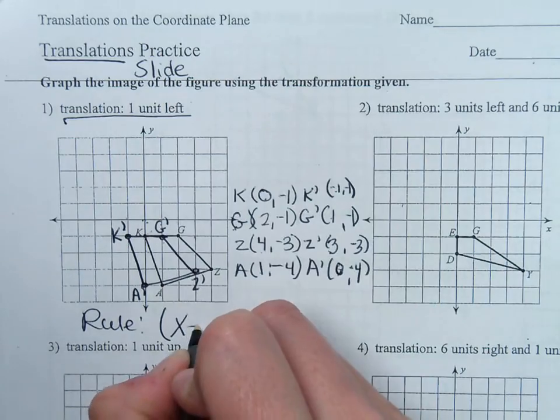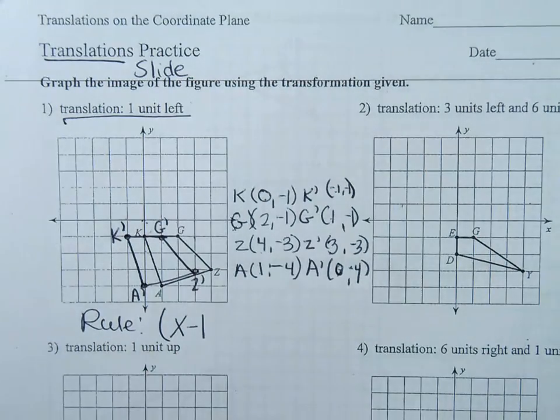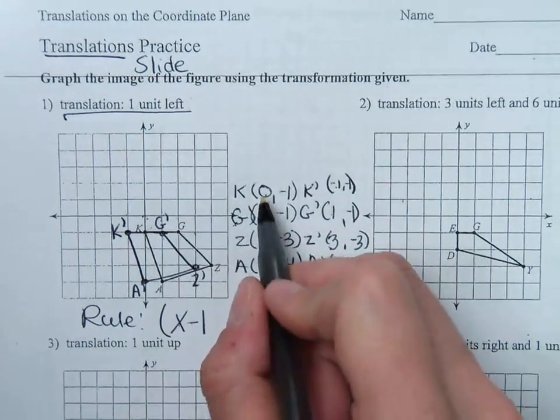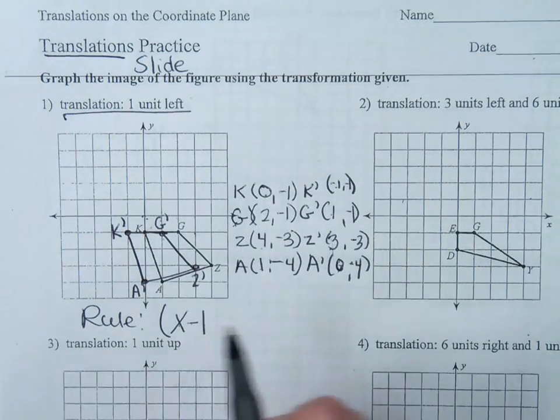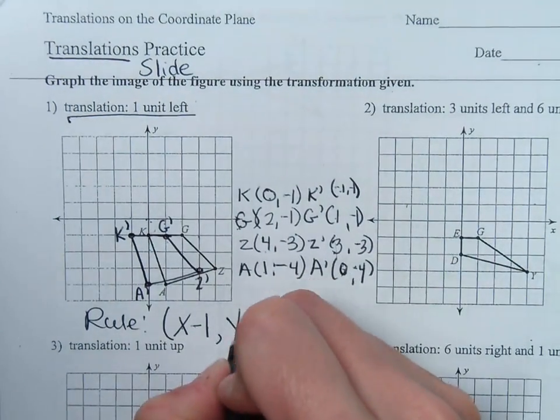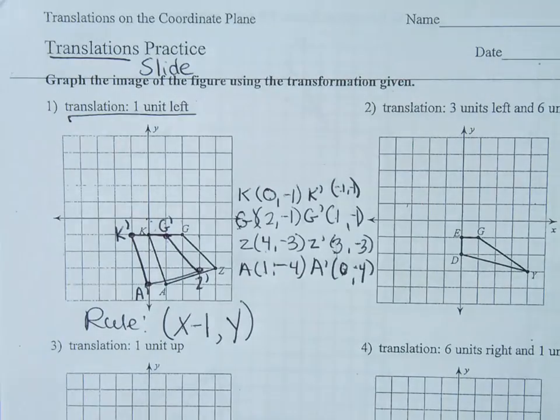And 1 to 0 is subtracting 1. So when I write my rule for the x coordinate, we're going to write it as x minus 1, since we are subtracting 1 from the original to the new location. Then we're going to put our comma, and y is staying the same, so we're just going to keep it as y. And that's how we write our rule.